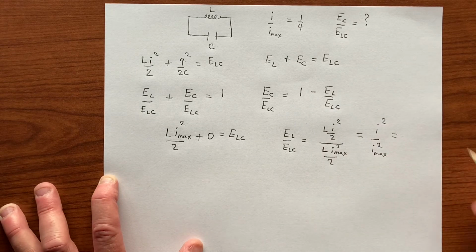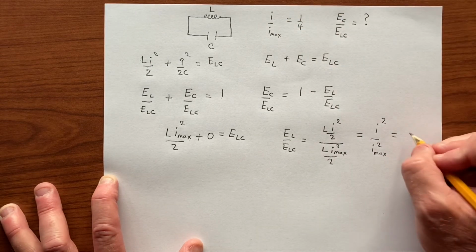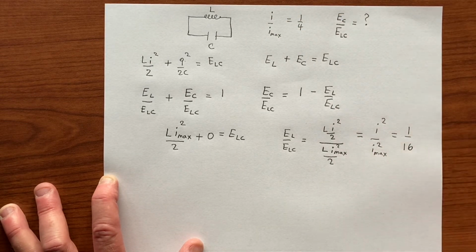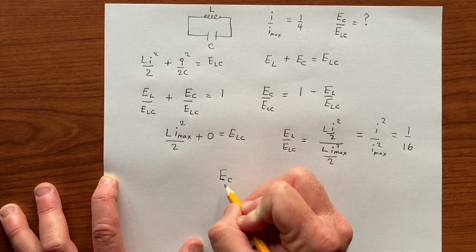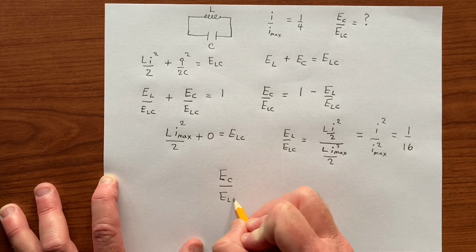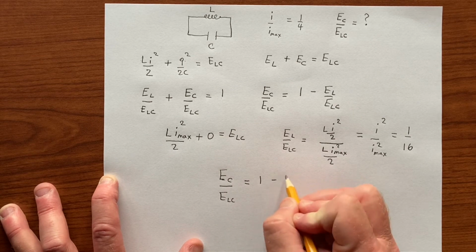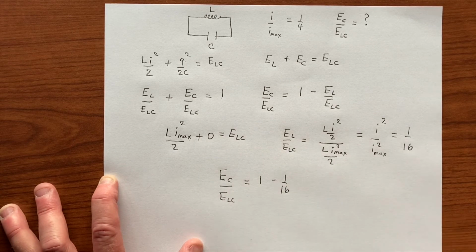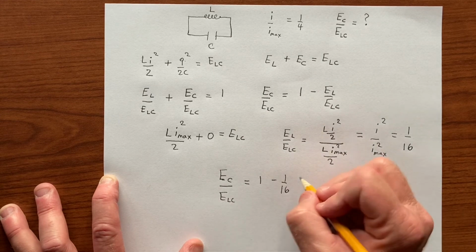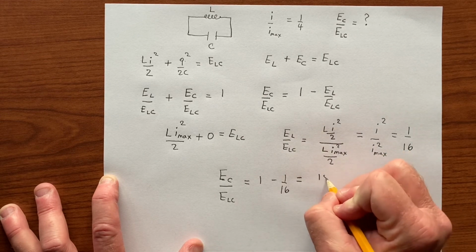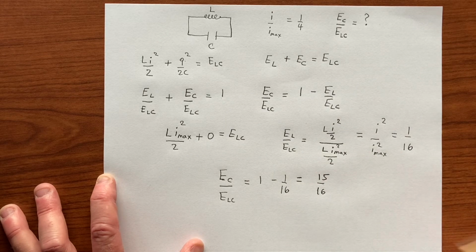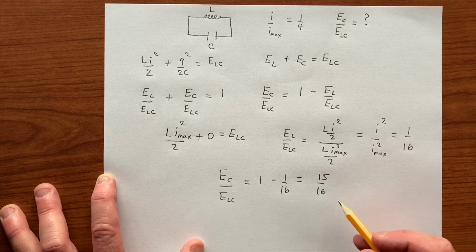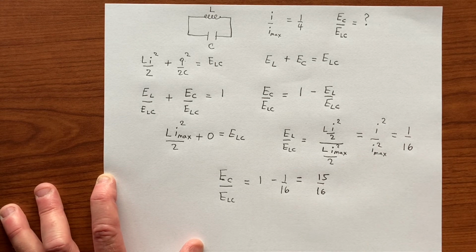But that's just the square of this quantity, so this is 1/16. So our answer is the fraction of the energy in the capacitor at that moment is equal to 1 minus 1/16. The rest has to be in the capacitor, and so we have most of the energy in the capacitor. And so 15/16 of the total energy is in the capacitor at that moment.